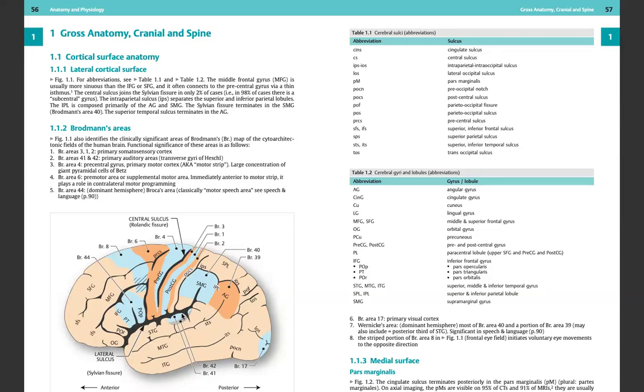And then going through here, going upwards, the smooth curve upwards towards the parietal lobe, in the inferior parietal lobe you have the supramarginal gyrus here, the SMG, and that's where the sylvian fissure terminates. And on the other side, you have the superior temporal sulcus terminating in the angular gyrus.